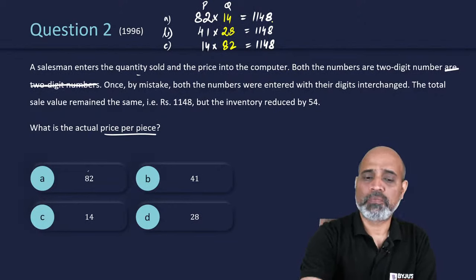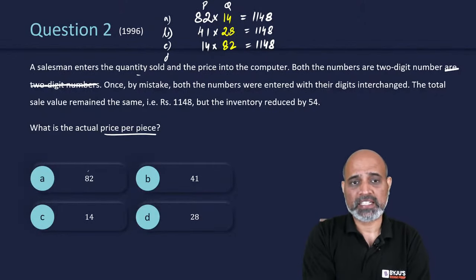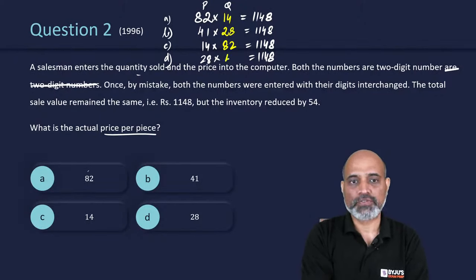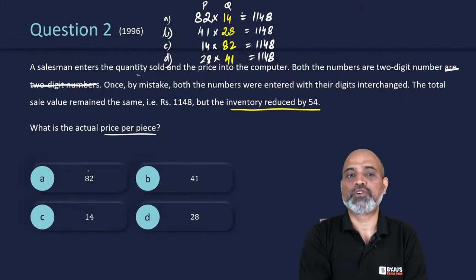And just to help you understand, if I take the D option, it's going to be 28 into what is 1148. I will get the value over here as 28 into 41. Now it says inventory reduced by 54.